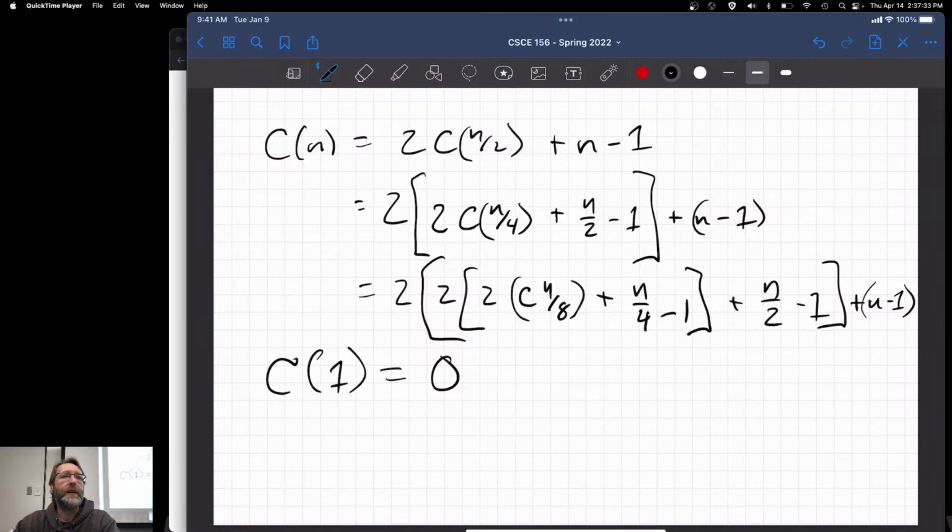You keep doing that and you start to see a pattern. 2, 2, 2, that's going to be 2 to the third. What is 8? 2 to the third. 1, 2, 3 iterations of the recursion. Dot, dot, dot, you get down and you solve it.